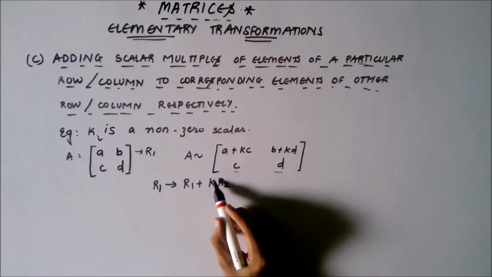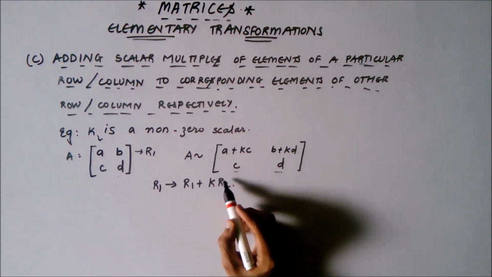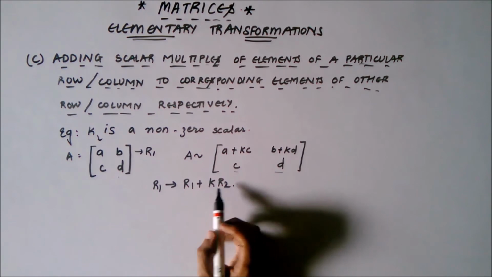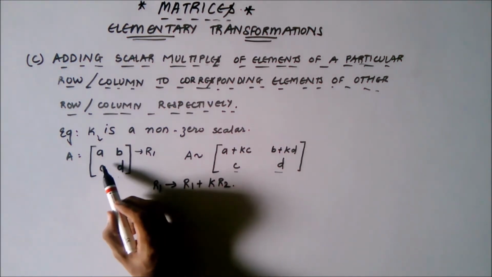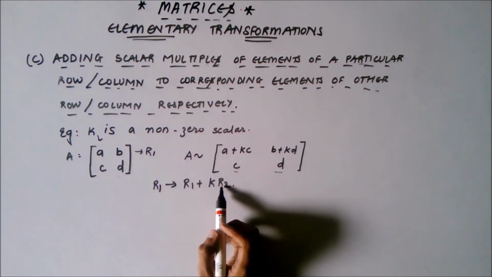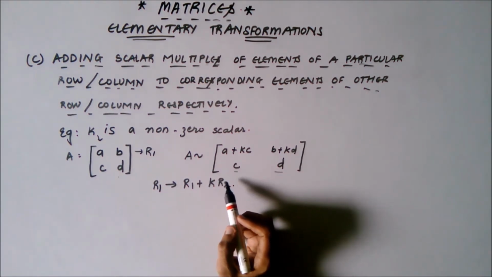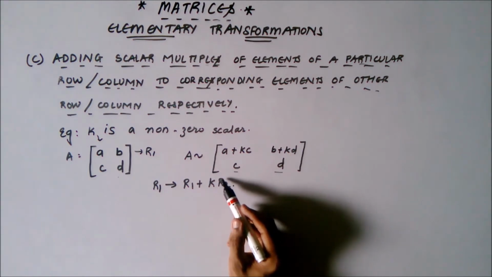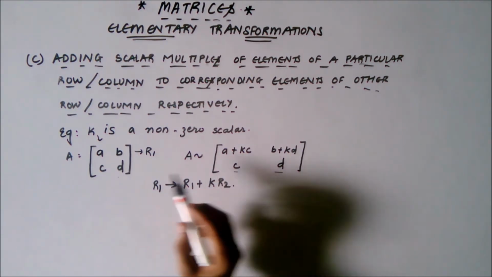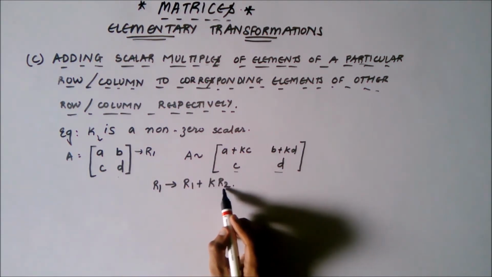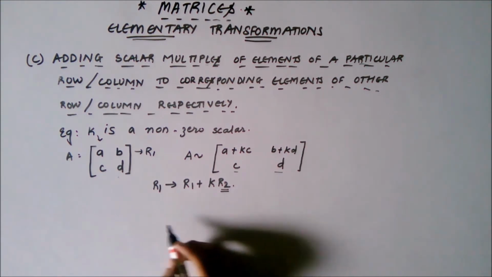Here, even though K is multiplied with R2, it does not change R2 because we are not transforming R2, but with the help of multiplying the scalar to row R2, we are adding that multiplied row to R1. Hence, the row R2 remains the same.